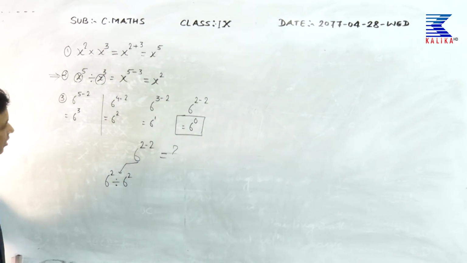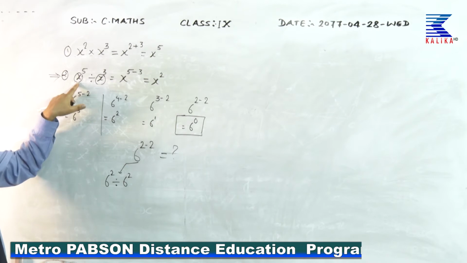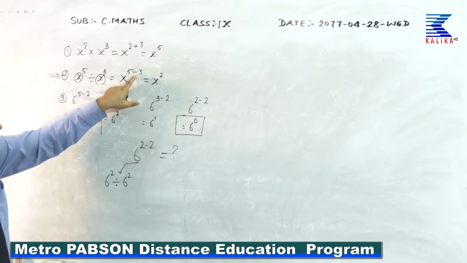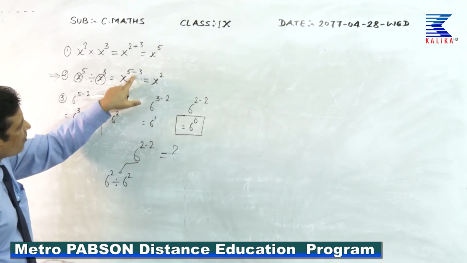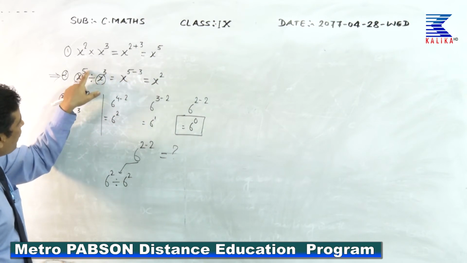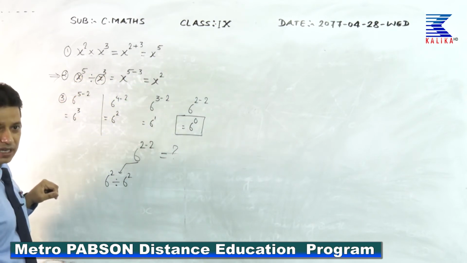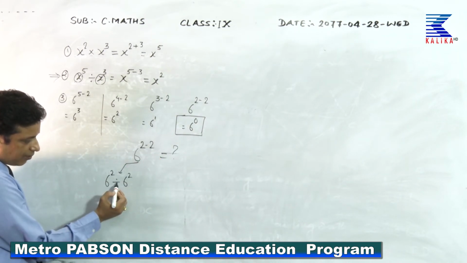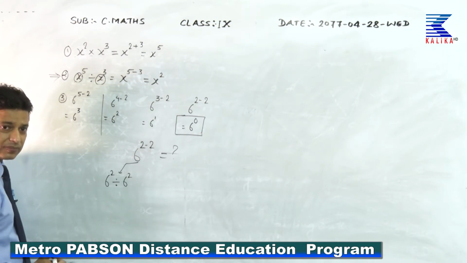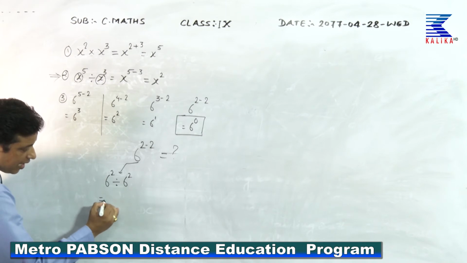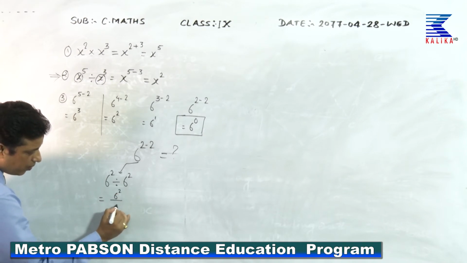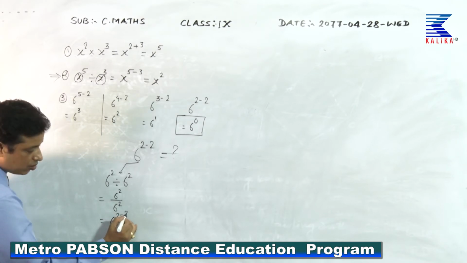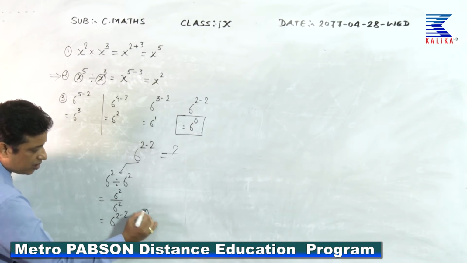We have just discussed that x to the power 5 divided by x to the power 3 means x to the power 5 minus 3, or x to the power 5 minus 3 is the same as x to the power 5 divided by x to the power 3. Similarly, 6 to the power 2 minus 2 means 6 to the power 2 divided by 6 square, and this can be written as 6 to the power 2 over 6 to the power 2, and hence it is 6 to the power 2 minus 2, and this is 6 to the power 0.